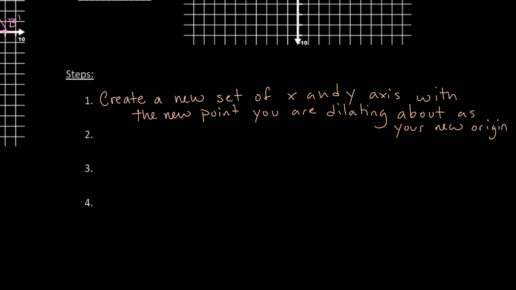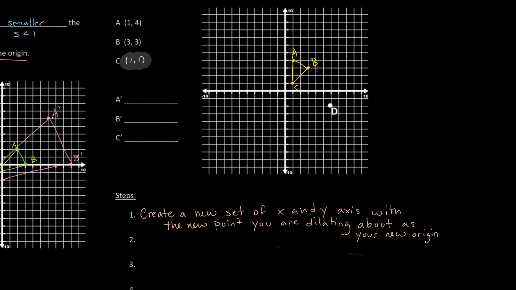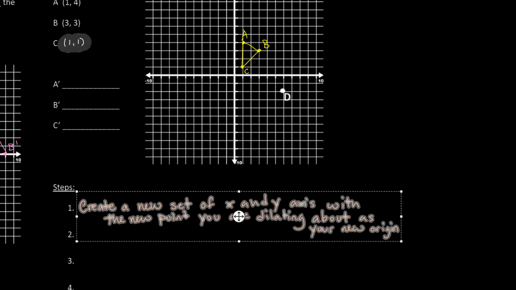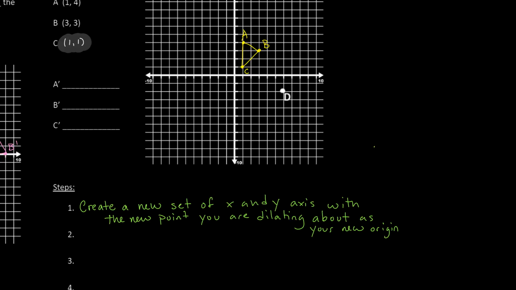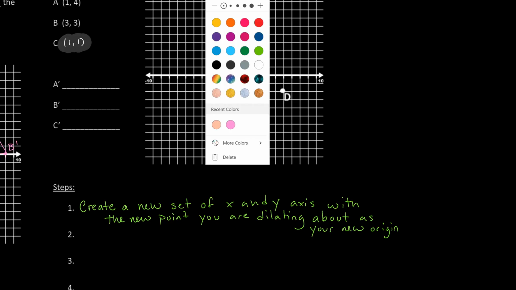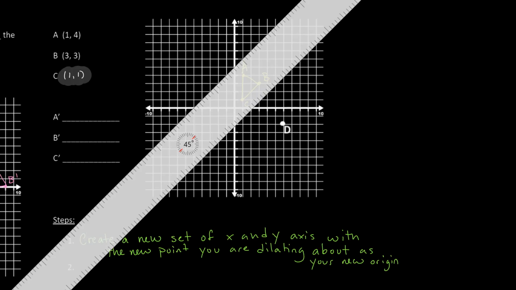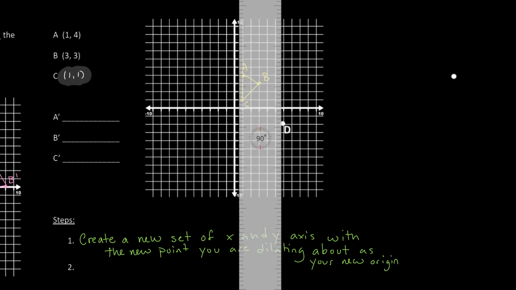Okay, so we are now creating a new set of X and Y axes with D as our new origin. So if you have a highlighter, now is a great time to use it. What if we don't? Then borrow from somebody else. So I'm going to draw a set of X and Y axes with D as the origin. I must have lost it. That's fine. I think I might have one.